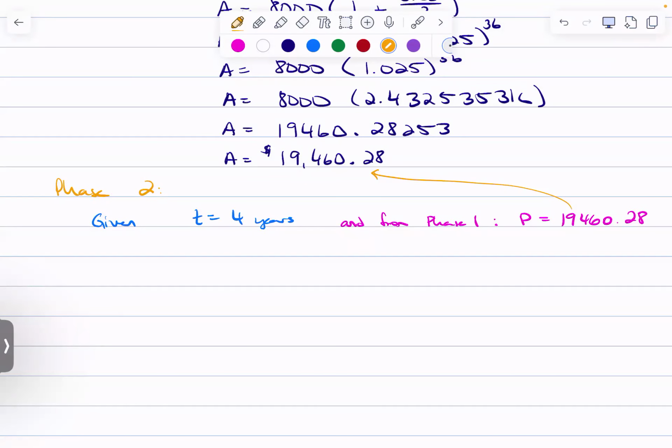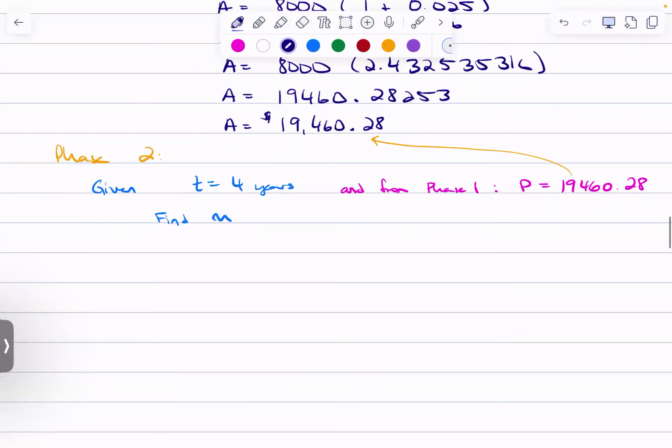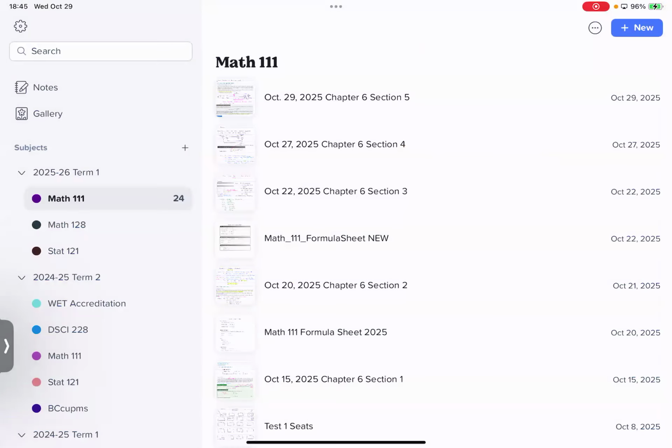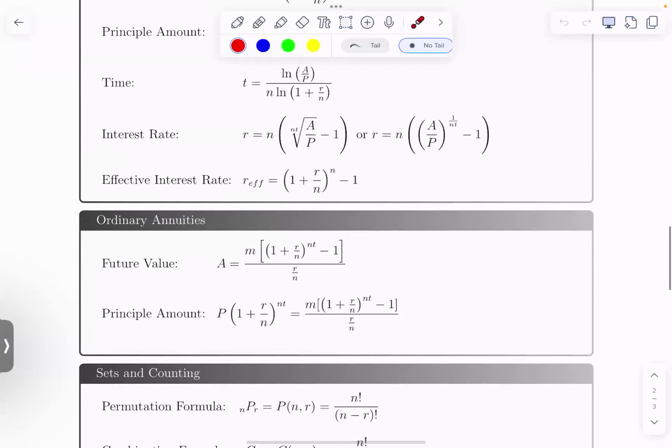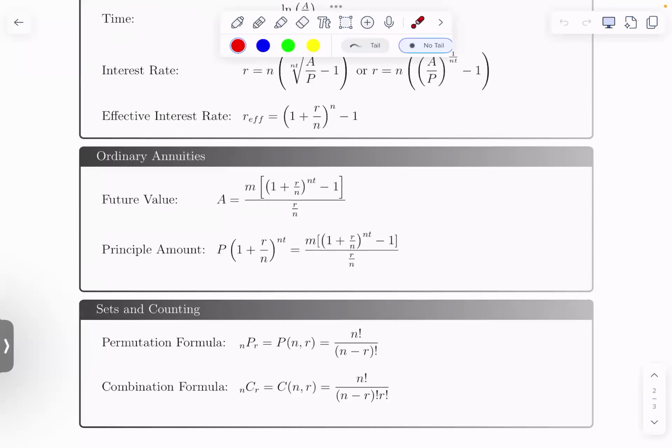Okay, so now we want to find M. We have our go-to formula, so as soon as anything involves M, a payment amount, there's really only one choice, or I guess 2 choices on your formula sheet, but because I don't want to find A, I don't want to be saving money and then figuring out how much I have at the end.